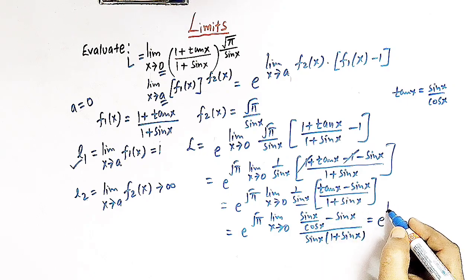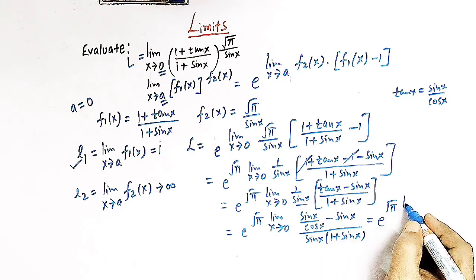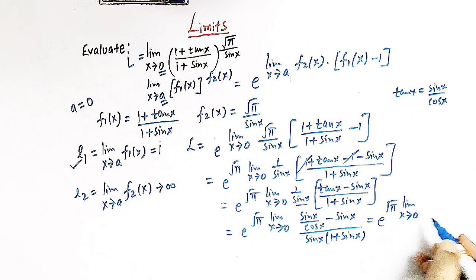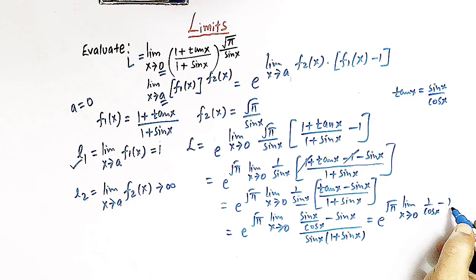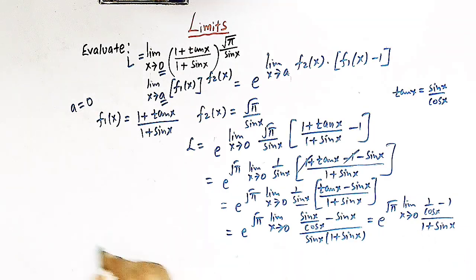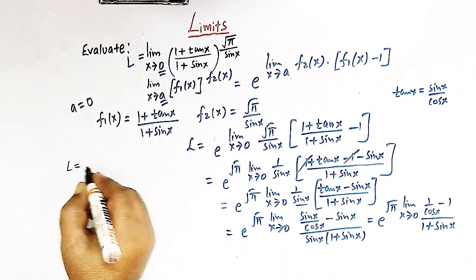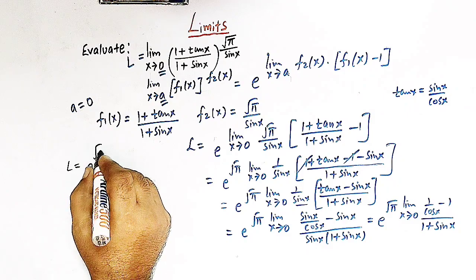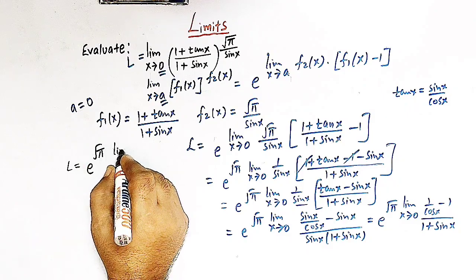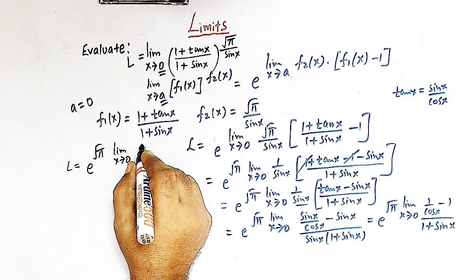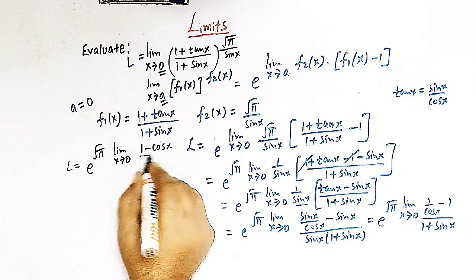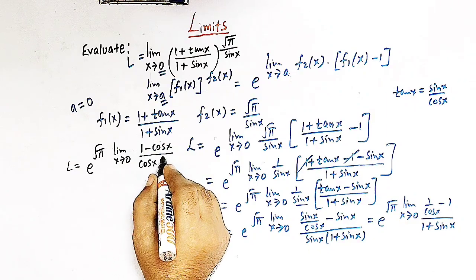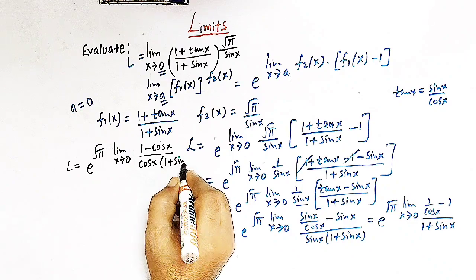We have e raised to square root of pi, limit x tends to 0, and we are left with 1 over cos x minus 1 divided by 1 plus sin x. So now we can write this limit L as e raised to square root of pi, and we have limit x tends to 0, (1 minus cos x) divided by cos x, and here we have 1 plus sin x, right?